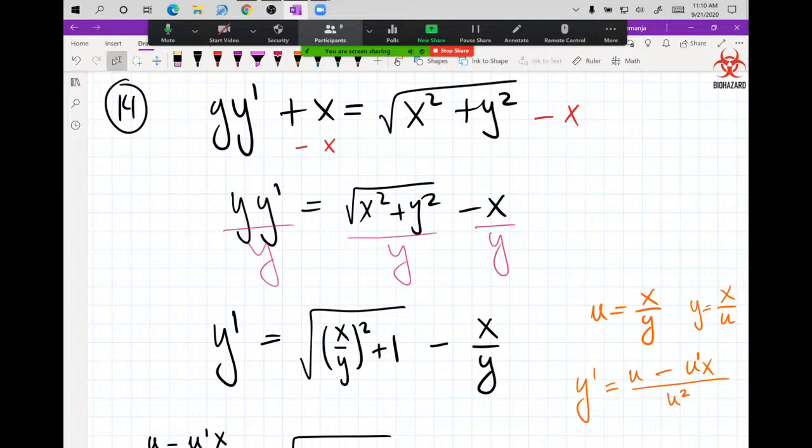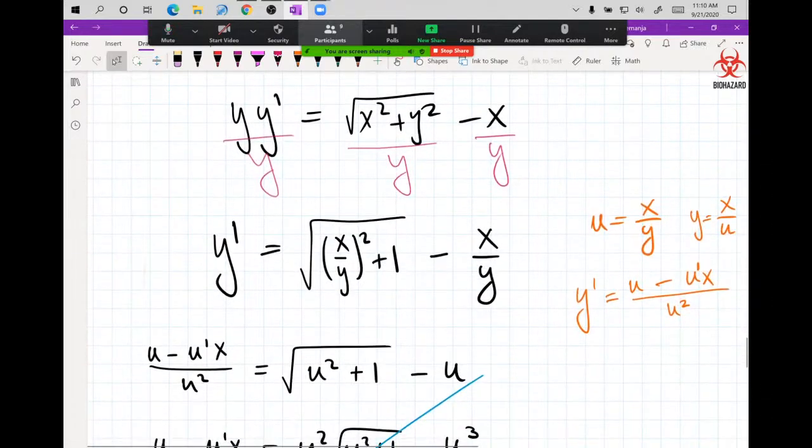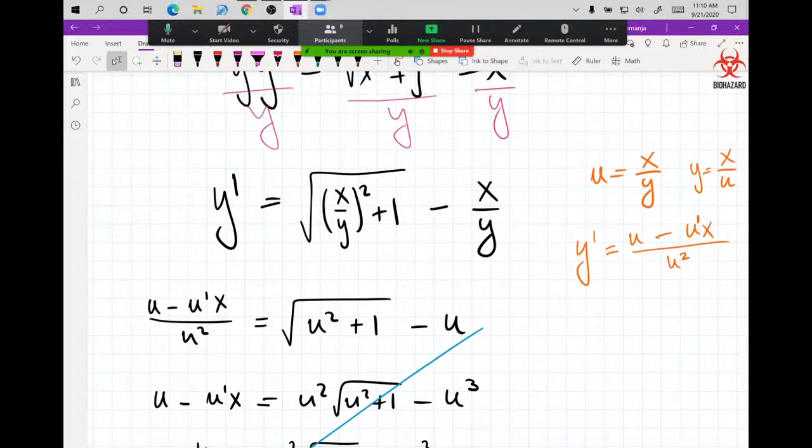And then we go and do the derivative. So we have a quotient rule. And for this, we do the square, you copy, the derivative of x is 1 minus x times u prime. Good. All right, so now that goes in y prime, u minus u prime, u squared, and then u squared plus 1 minus u. Good.